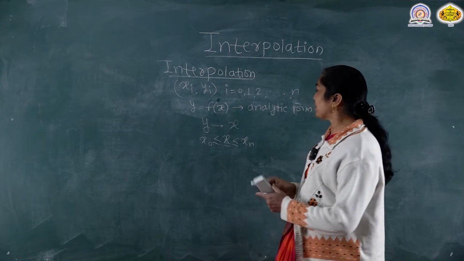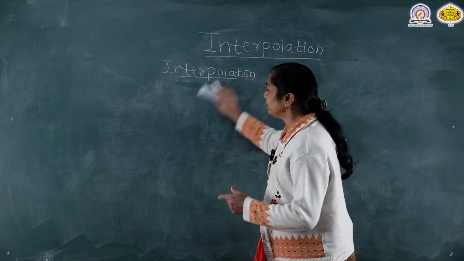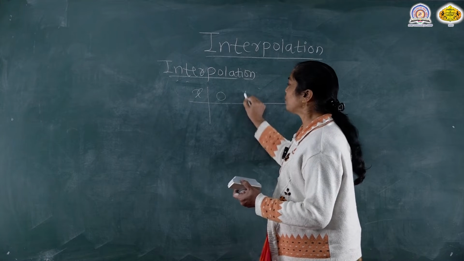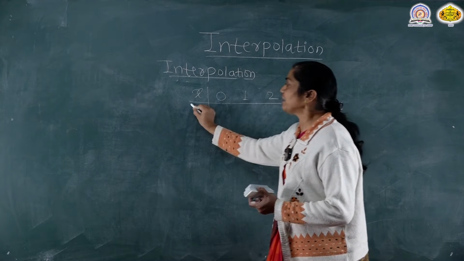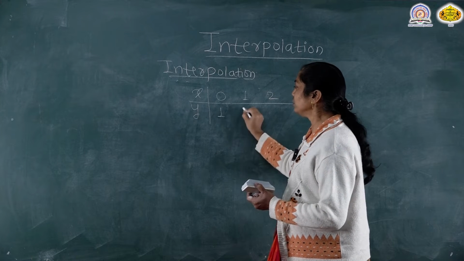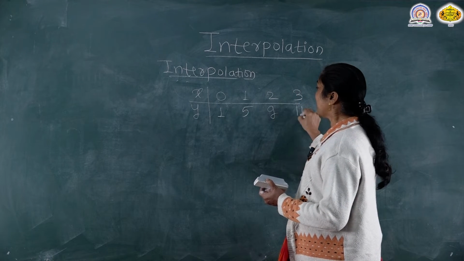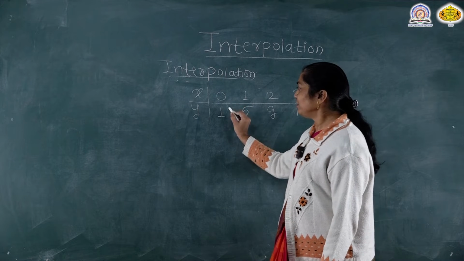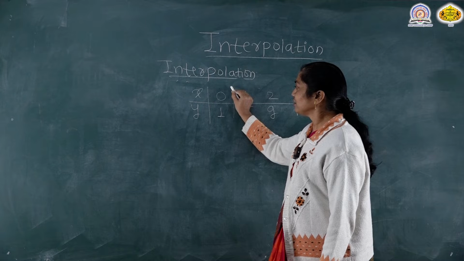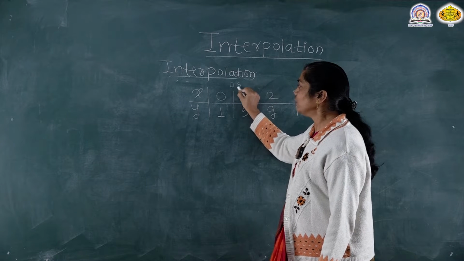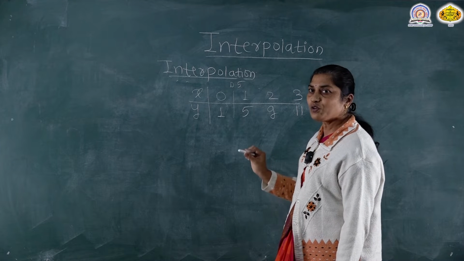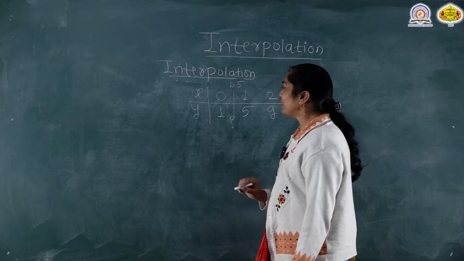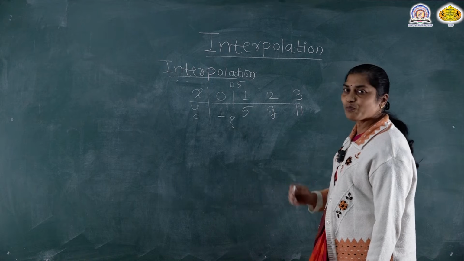So, finding the value of y at some intermediate value of x in the range x0 to xn of the function y is equal to f(x), when the analytical form of f(x) is not known, is known as interpolation. For example, suppose we have given the table xi, yi, the values of x are 0, 1, 2, 3 and the values of corresponding y are 1, 5, 9, 11. Given the table of values, we want to estimate the value of y at x is equal to 0.5.